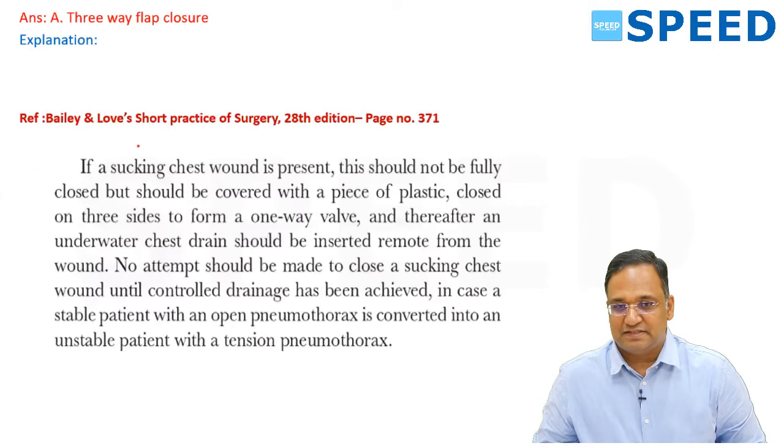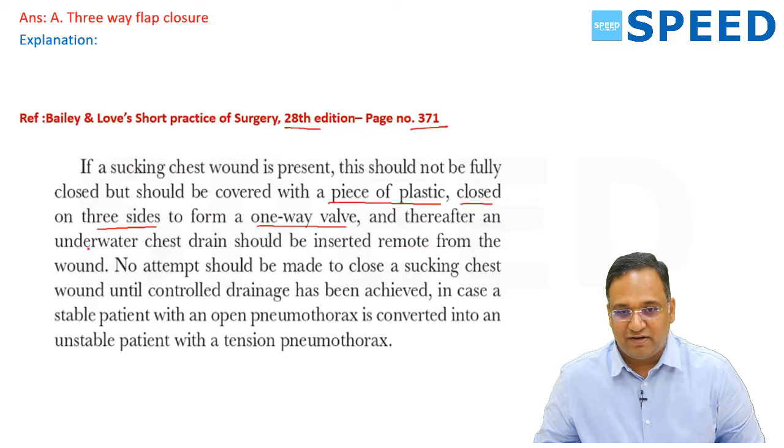Okay, and this has also been discussed in the class. It is given clearly in the 20th edition of Bailey, page 371: if a sucking chest wound is present, it should not be fully closed, but should be covered with a piece of plastic closed on 3 sides to form a one-way valve.